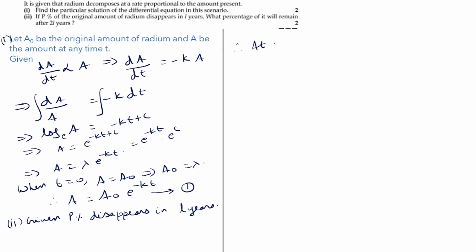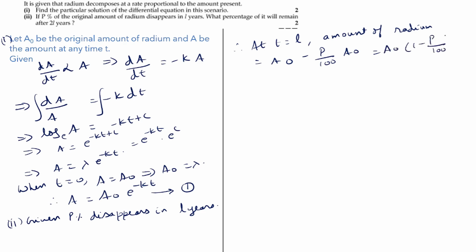Therefore, at T is equal to L, amount of radium equal to A naught minus P by 100 A naught, or it is A naught into 1 minus P by 100. So in L years, the amount of radium is A naught into 1 minus P by 100.